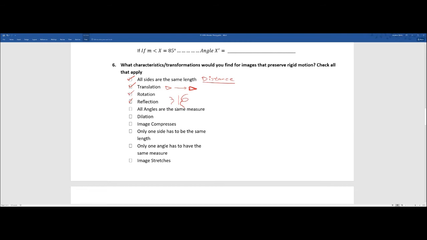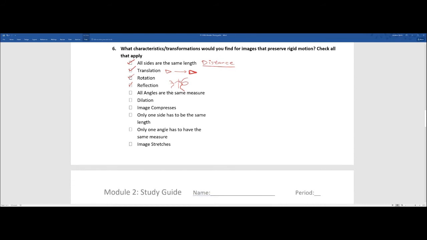That doesn't happen. So reflection should preserve rigid motion. Again, this is the example of not, but yes, it does preserve rigid motion. All angles are the same measurement. Yes, definitely. Dilation, no. You have your little spaceship, and then something happens and it goes super big.